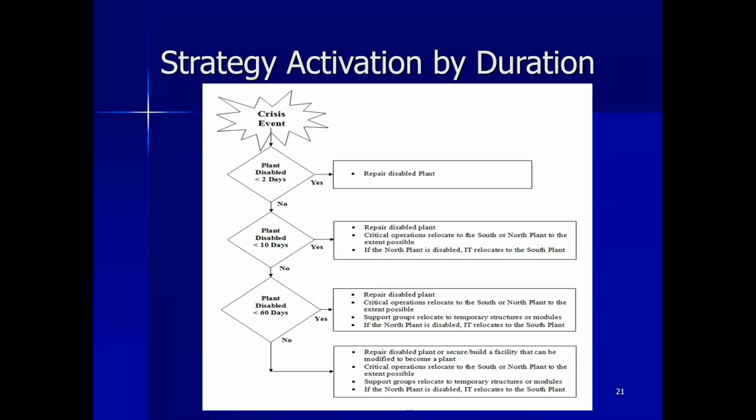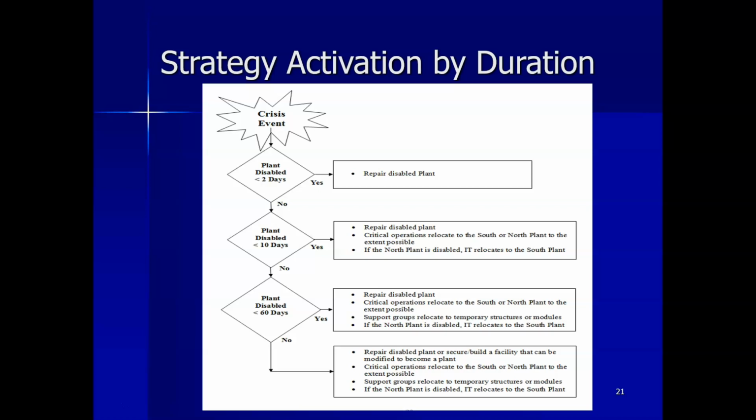Also note that IT has the main data center in the north plant with a backup center located in the south plant. All crisis events basically fall into one of three categories as follows. Operations are suspended for a period not to exceed 48 hours.